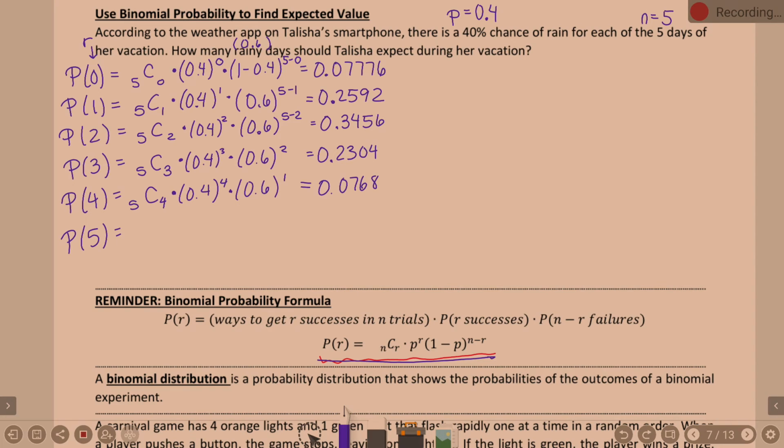That gives 0.0768. And 5C5, 0.4 to the fifth, 0.6 to the 0. That gives 0.01024.